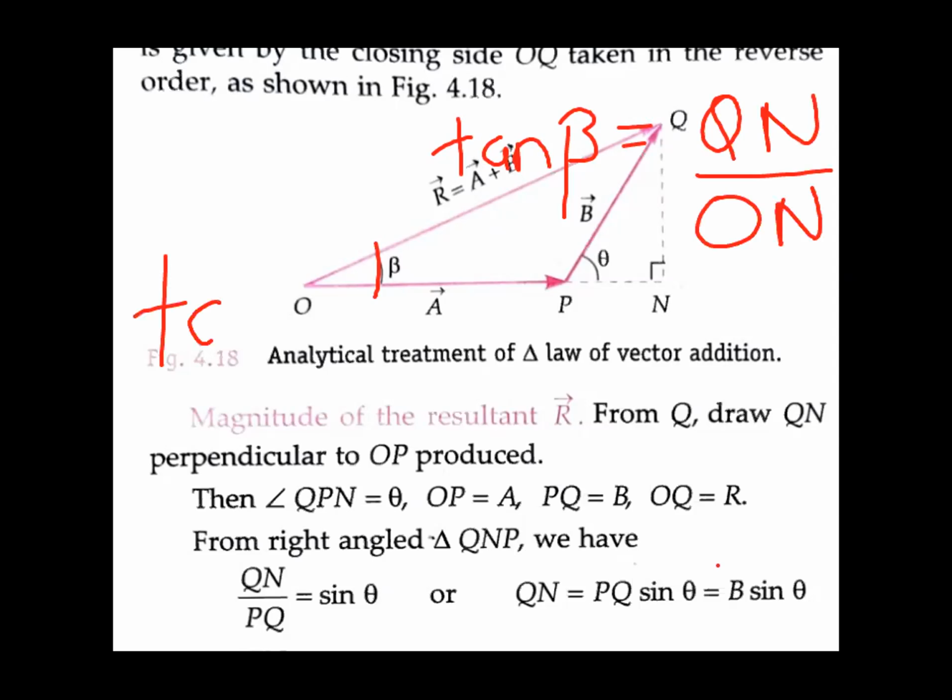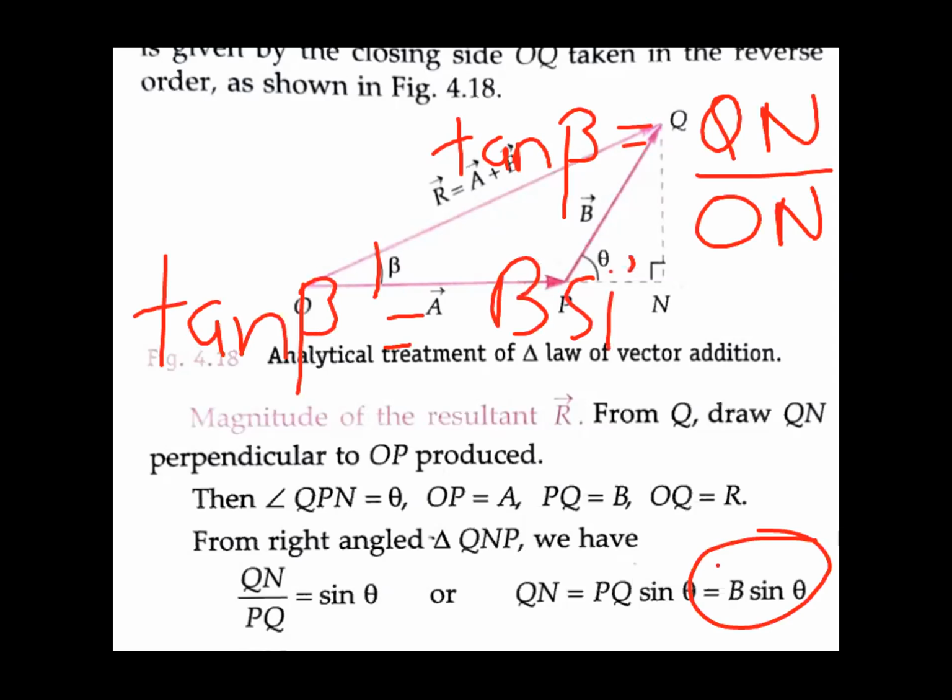So tan beta equals QN, we know the value of QN, that is B sin theta, and ON can be written as OP plus PN, right? We are finding out the angle because it is a vector quantity. Magnitude we got. R equals under root of a square plus b square plus 2ab cos theta.